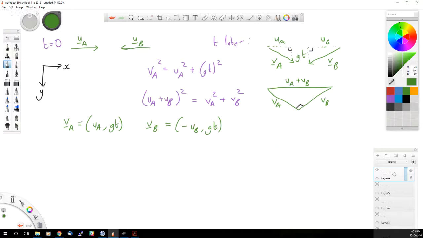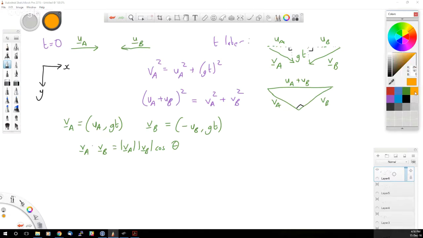And when these are perpendicular, for a dot product, actually I'll just do it for this, VA dot VB is going to give you the modulus of VA times the modulus of VB times cos theta, where theta is the angle between these two velocities.